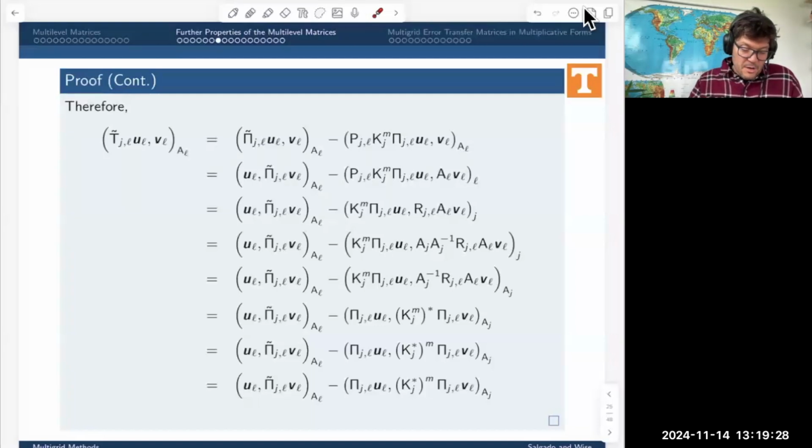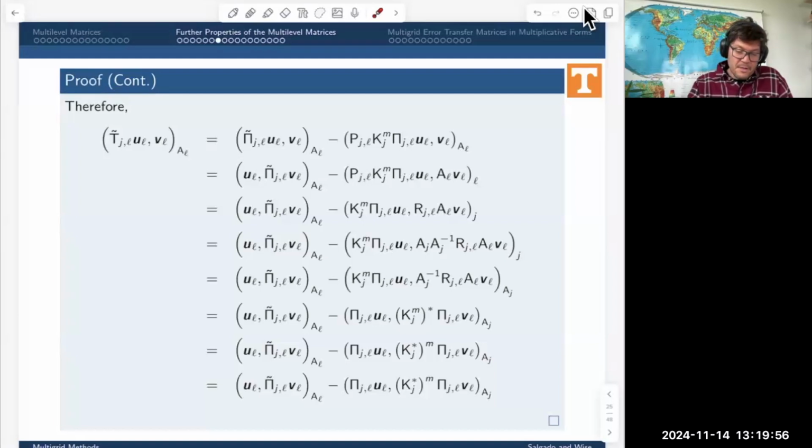So I'm going to use a little property here. So for this product right here, this does not change from going from here to here. But now where does this come from? Okay, so this comes from a little property which says that I can interchange this, let's see. Let me make sure I'm saying the right thing here.